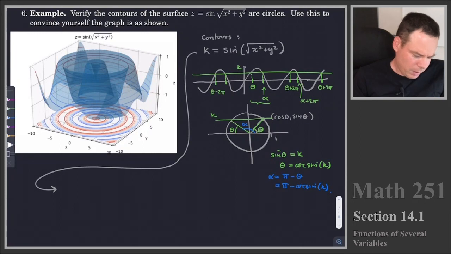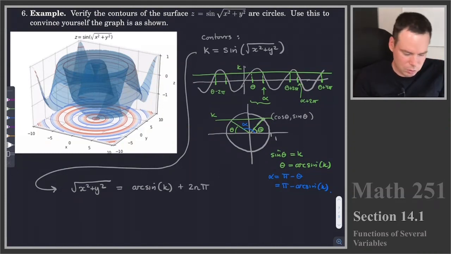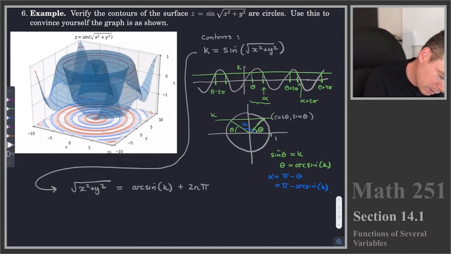okay, so what are my contours? Well, I'm looking for solving this expression for isolating the x and the y's. So what I get is that the square root of x squared plus y squared is going to be arc sine of k plus 2n pi for any integers. So that's these values here. That's this value. Maybe I'll make it in pink. That's this value and this value and this value.